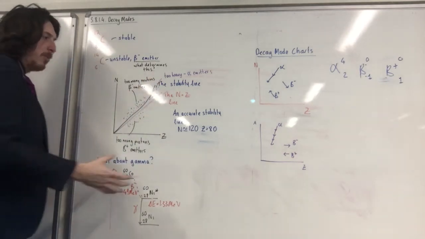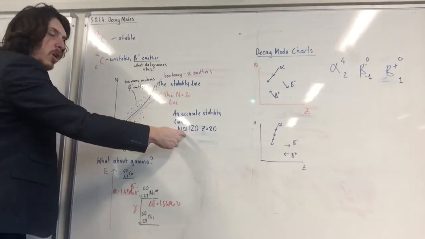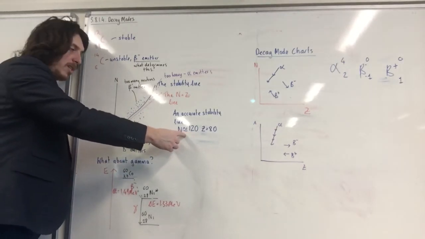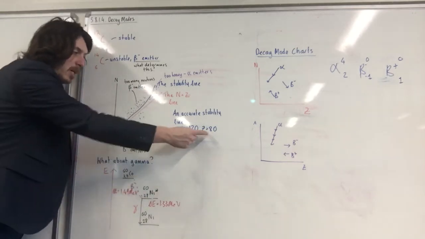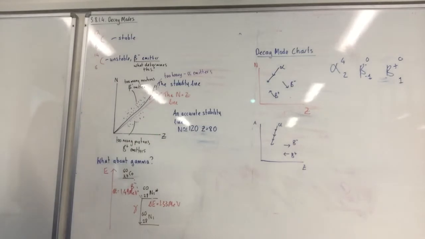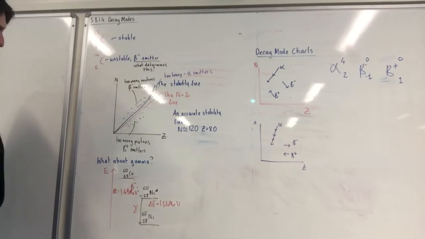For an accurate stability line, you are aiming for when the neutrons are between 115 and 125, Z equal to 80, Z being the proton number. This does not include gamma. Gamma is not a mass emission, it is the emission of an electromagnetic wave.